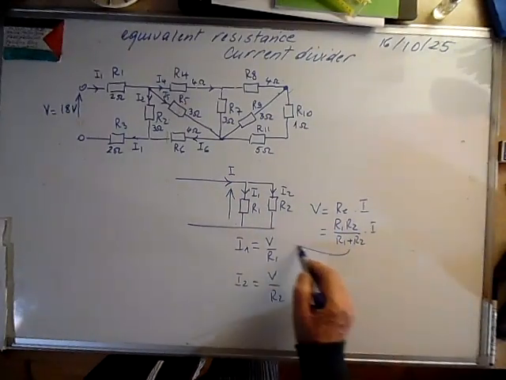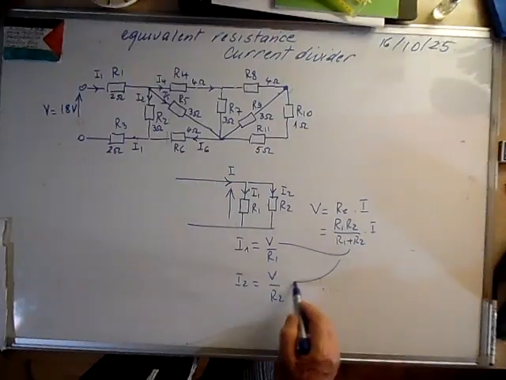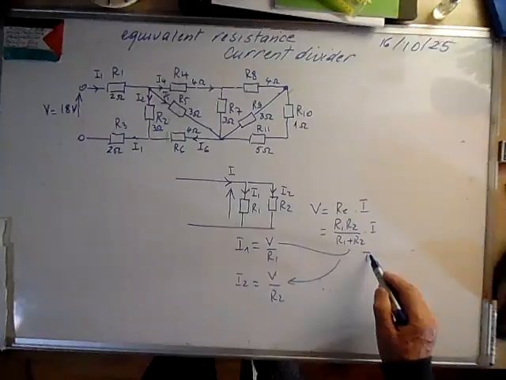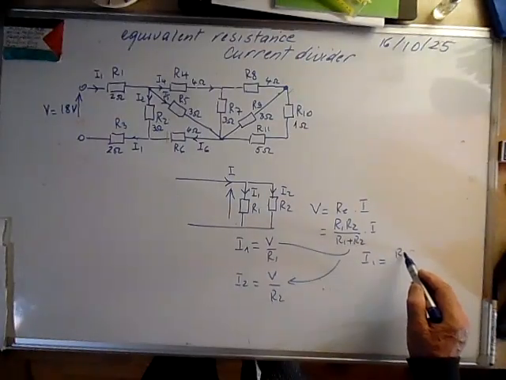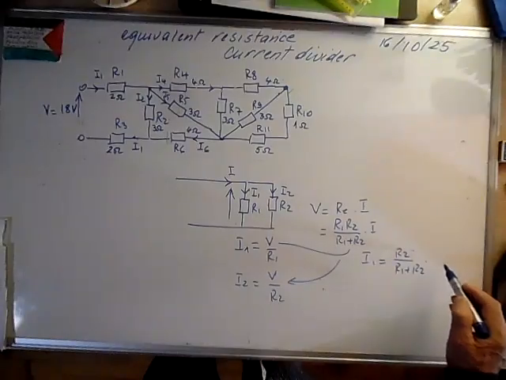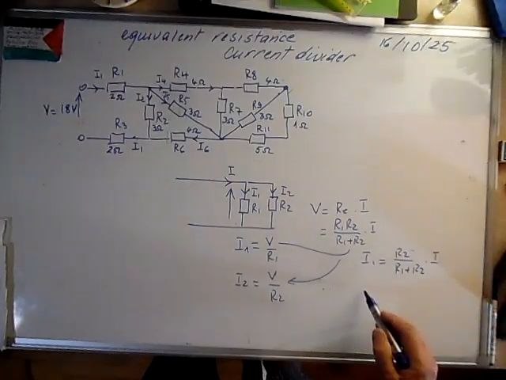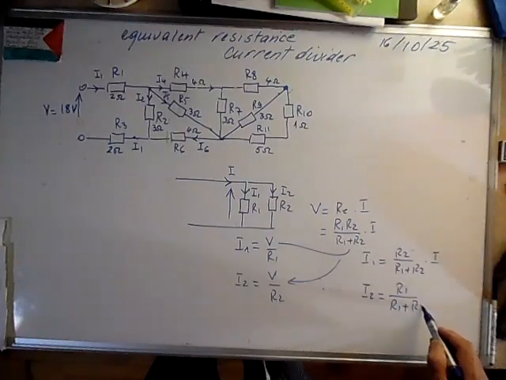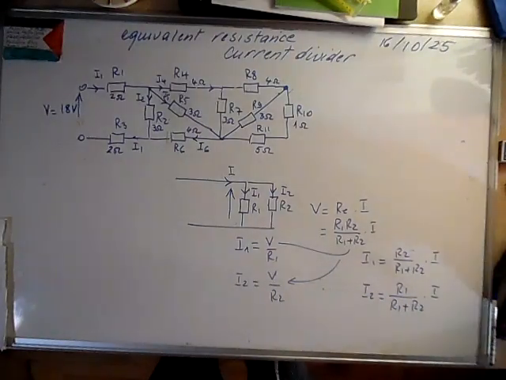If we replace V in these equations, we will get I1 is equal to R2 over R1 plus R2 times the main current, and I2 is R1 over R1 plus R2 times the main current.